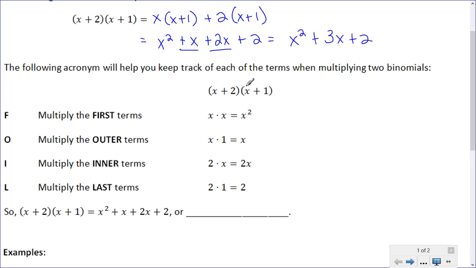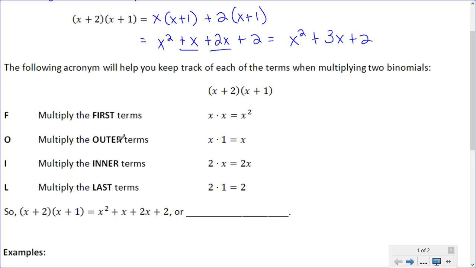So if we use the same product of two binomials we used up here, the first term in each binomial is x. So x times x is x squared. And that's what we got right here, x squared.